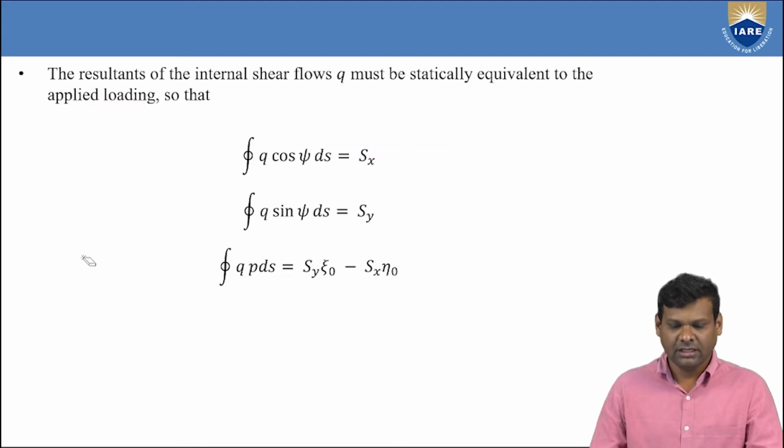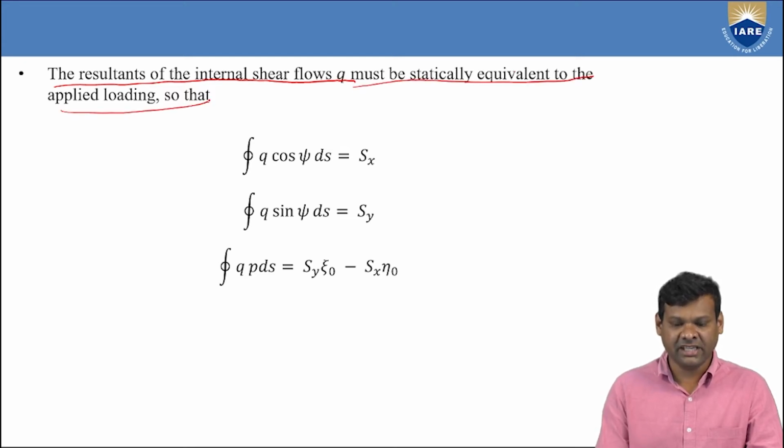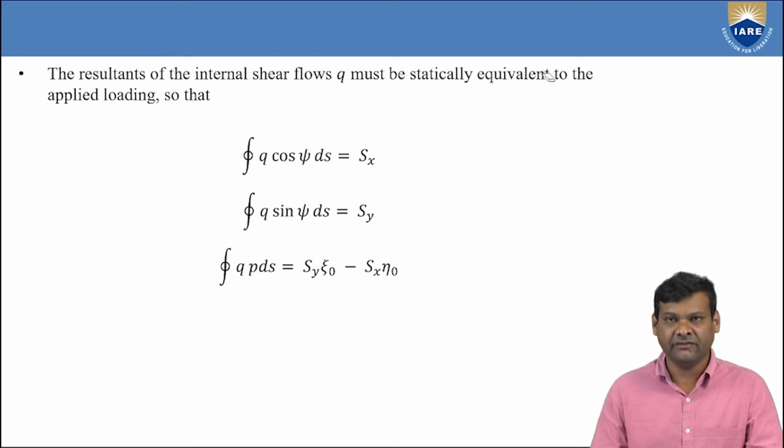Now let us look into the resultant of the internal shear flow Q, which must be statically equivalent to the applied load. Since we are dealing with a static problem, the internal forces should balance the externally applied forces.